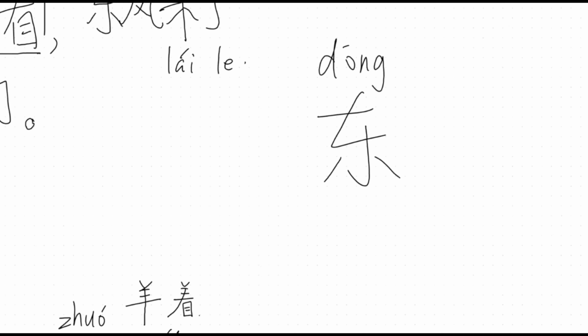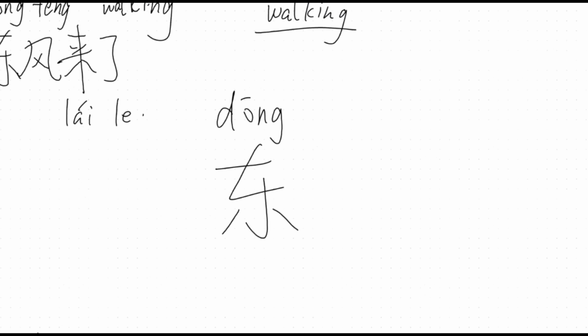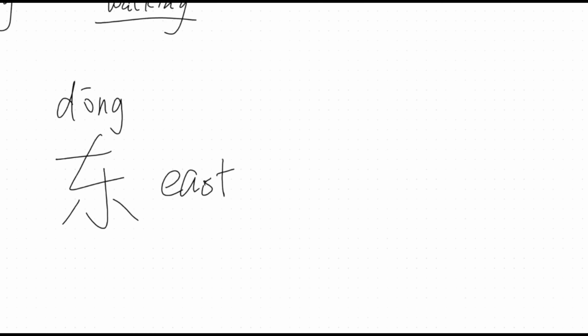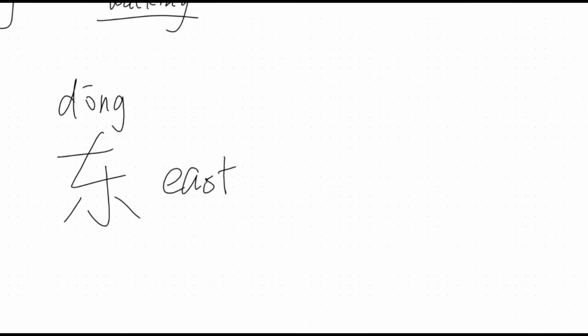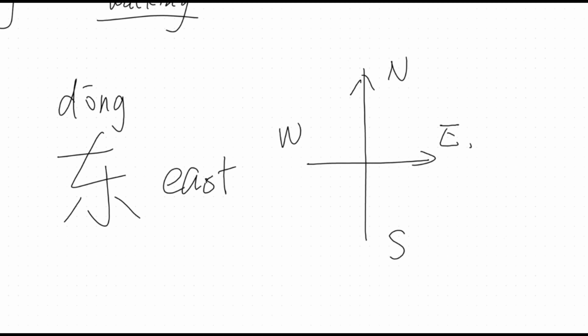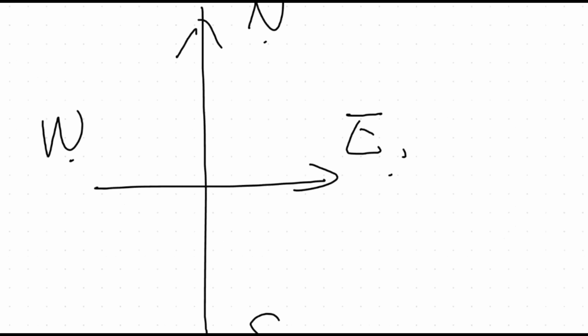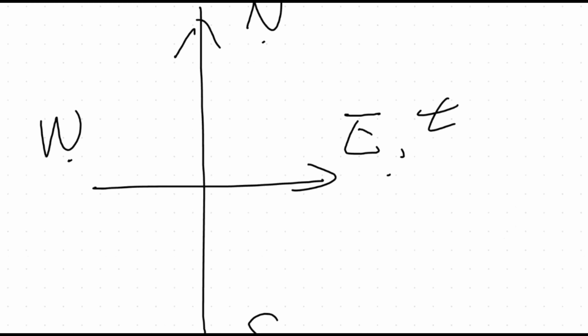Do you know this character? 东 is east. Like in a map. Right? You know this compass, north, south, west, east. So here east is 东.